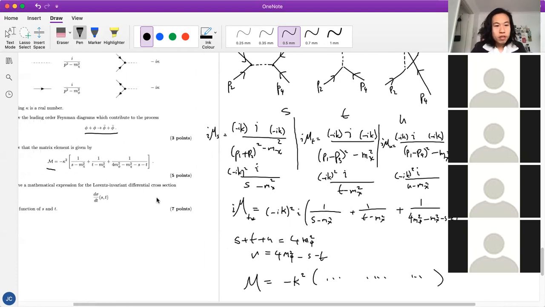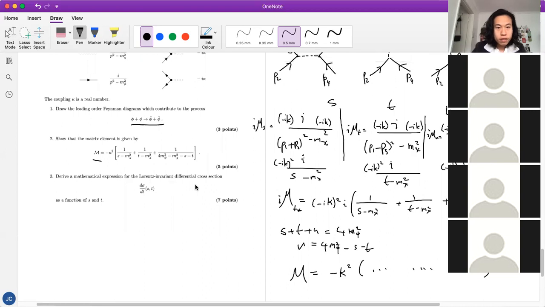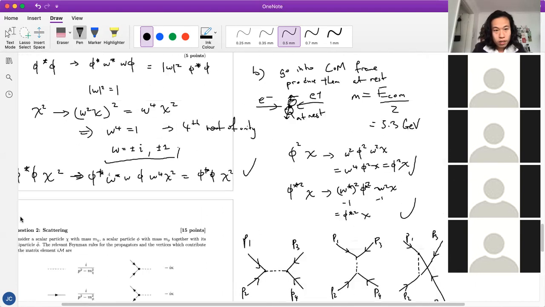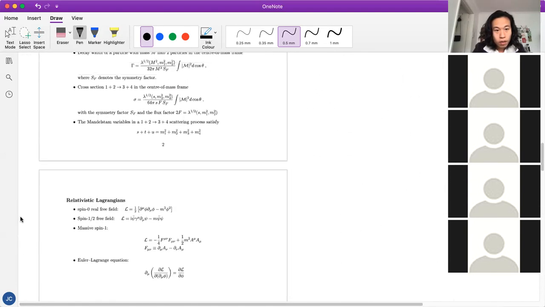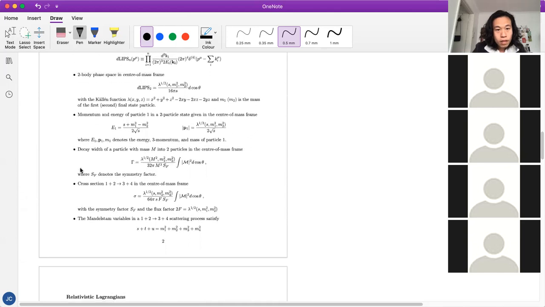Okay, and now we want to derive a mathematical expression for the Lorentz invariant differential cross-section d sigma dt. In the formula sheet, I think you're given one of them, which can tell you d sigma d cos theta. So then you just have to transform this to d sigma dt. We'll be taking this as given.